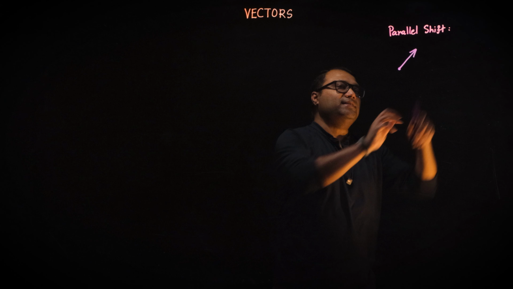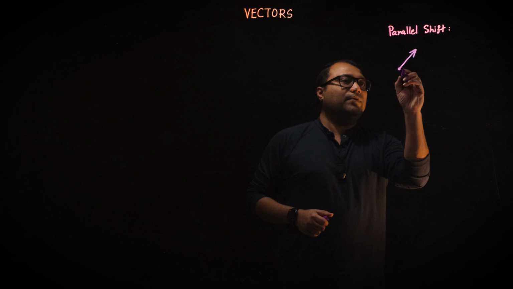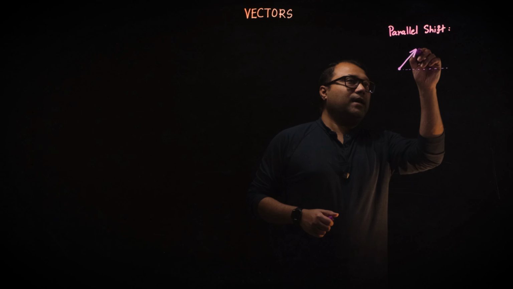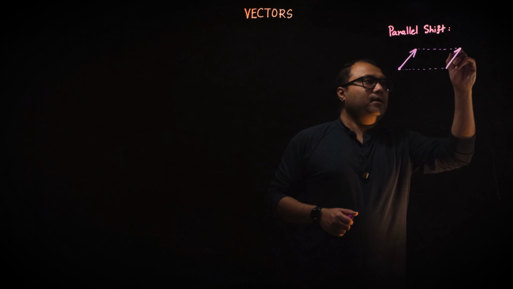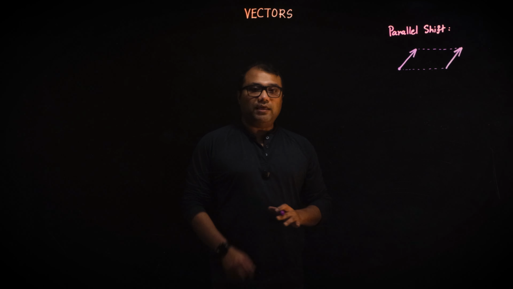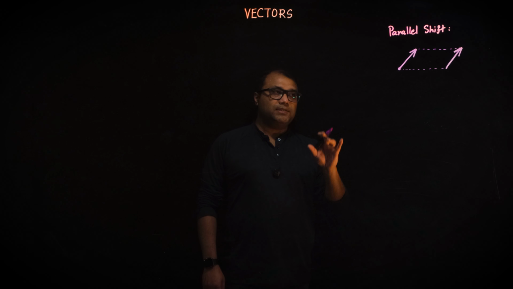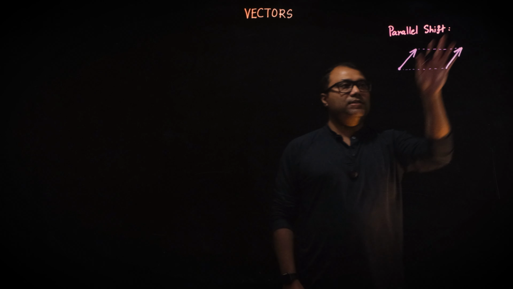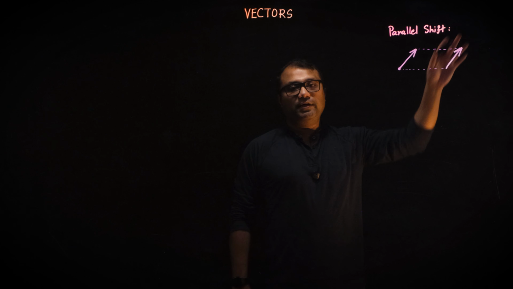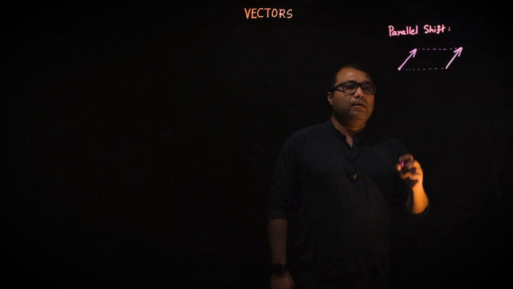It remains the same vector. So if I shift it parallelly like this, here, these two vectors are equal vectors. They have the same magnitude, they have the same direction. This is all same direction. Don't think of it as a different direction. It is the same direction.